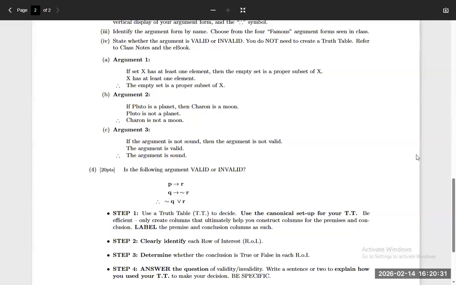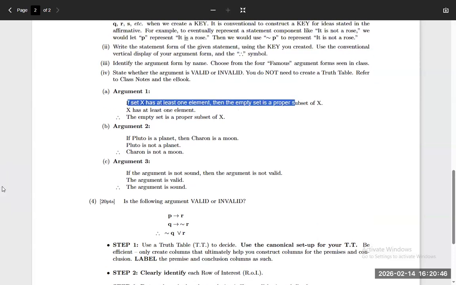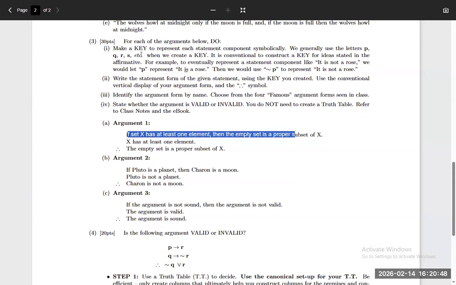So we're looking at argument one. What would the first premise be? We're working on argument one. We have three more parts to the question. We only did part one, make the key. Now we're going to write the statement form of the given statement. I should have said argument.